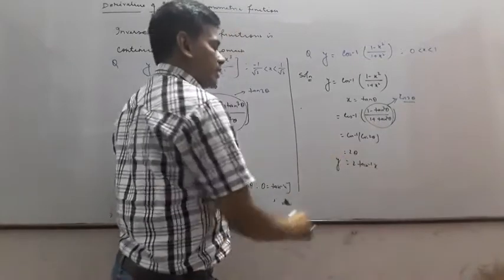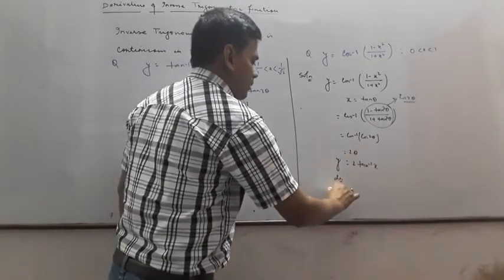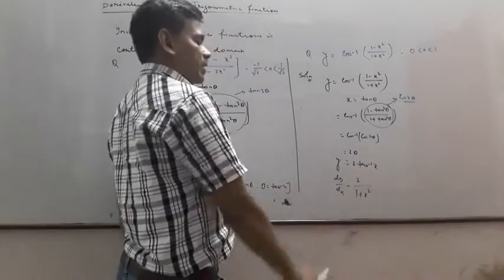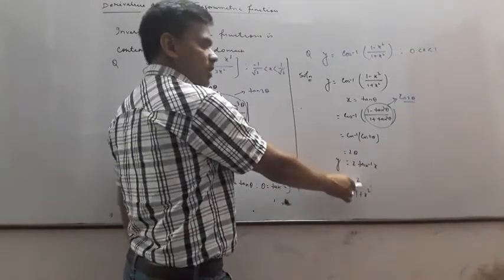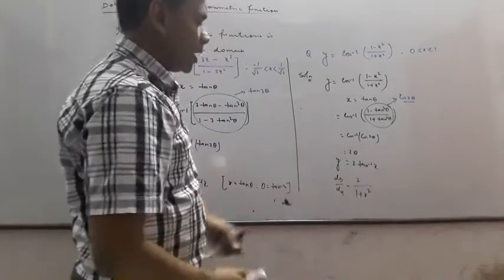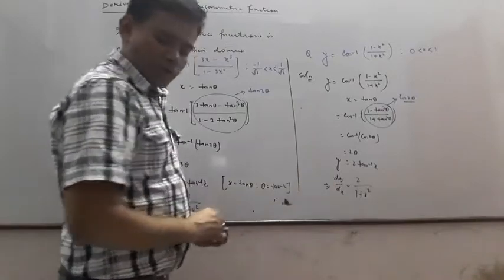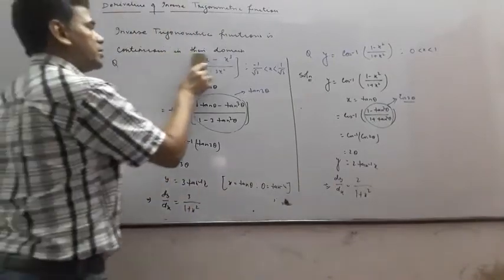So that is y. Now you differentiate: dy by dx equals 2 by 1 plus x square, because the differentiation of tan inverse x is 1 by 1 plus x square. You saw it was very simple. Let us see some more questions on it. The next question.